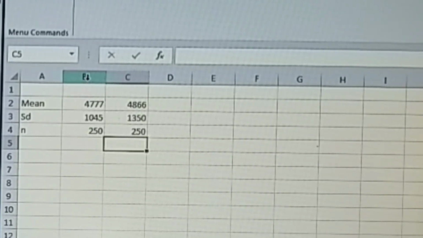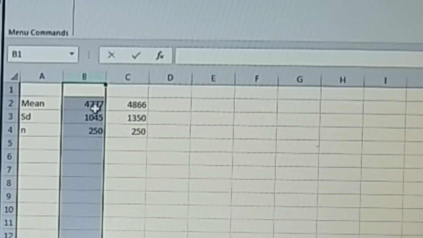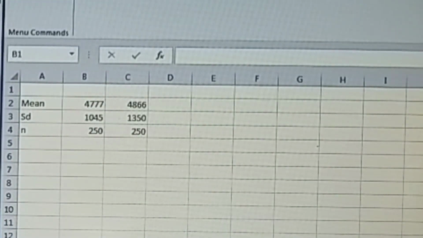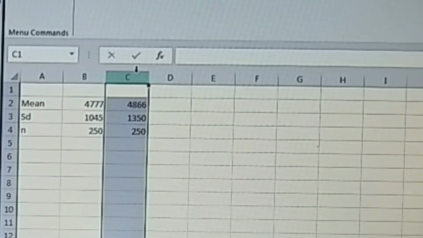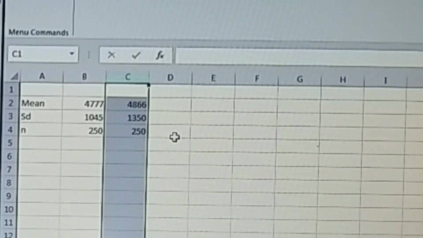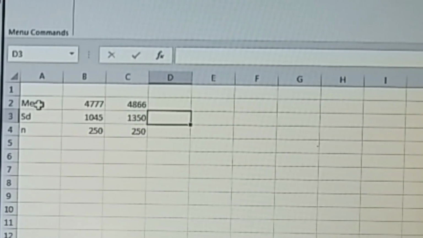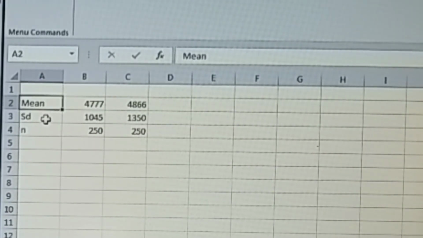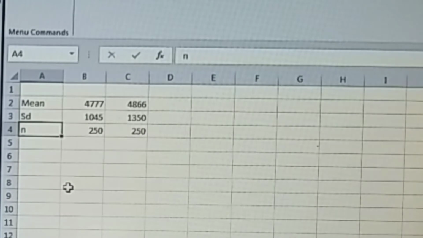This column is for group 1, which is the California group, and this column is for the Illinois group. I already indicated the mean, SD, and the number of samples. So let us run a z-test.